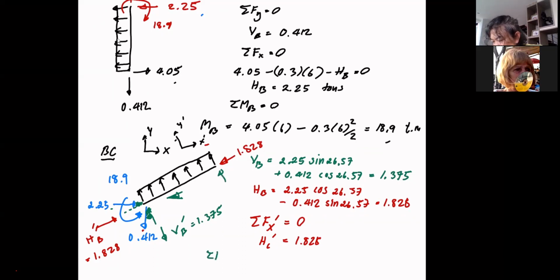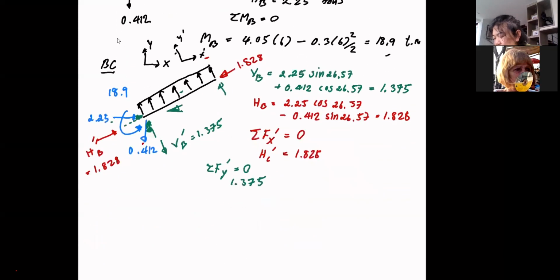Sigma Fy prime equal to 0, because you already have this load. Okay, so that is going to be 1.375.